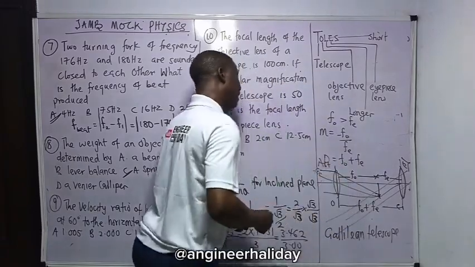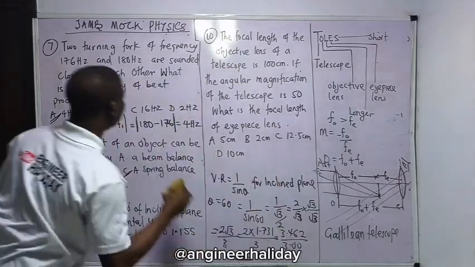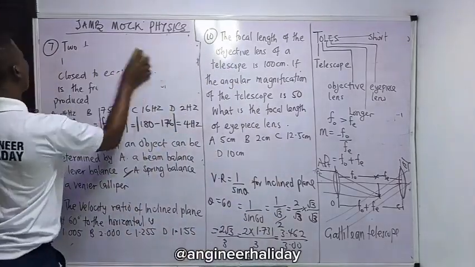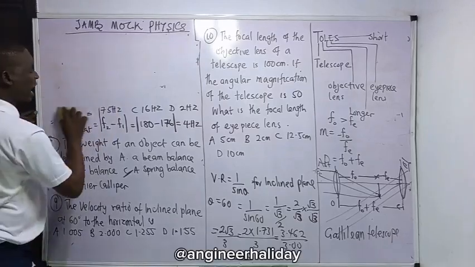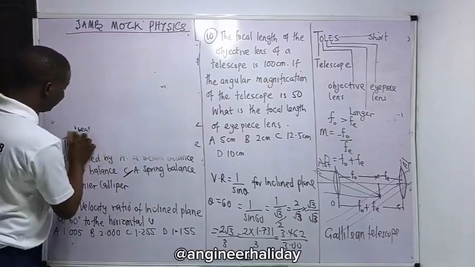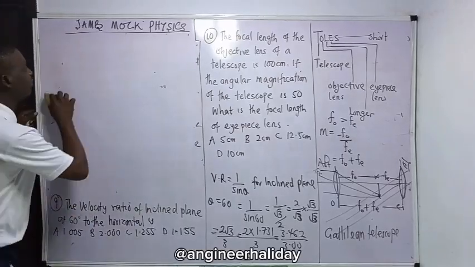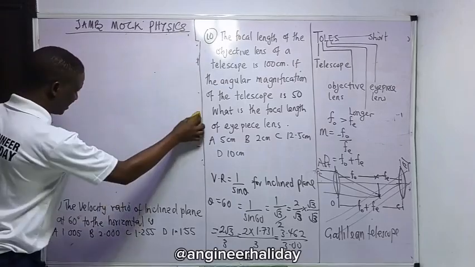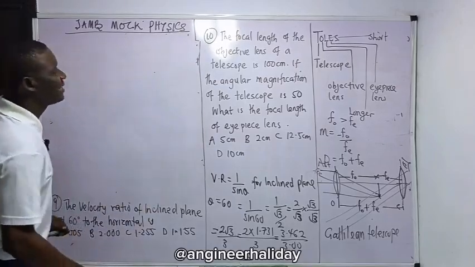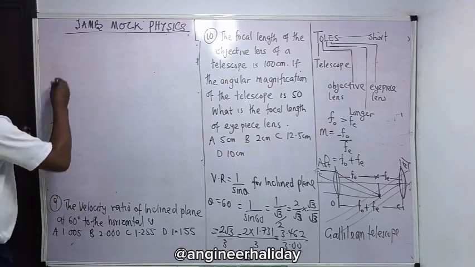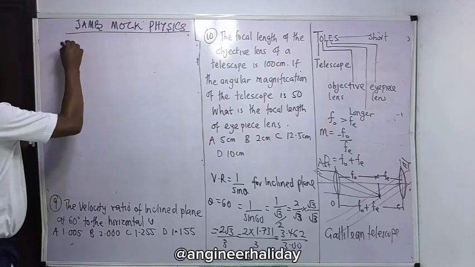This one is the astronomical telescope. In the Galilean telescope, the instrument uses one convex lens and one concave lens, meaning that the final image at the end of the day is an erect image.